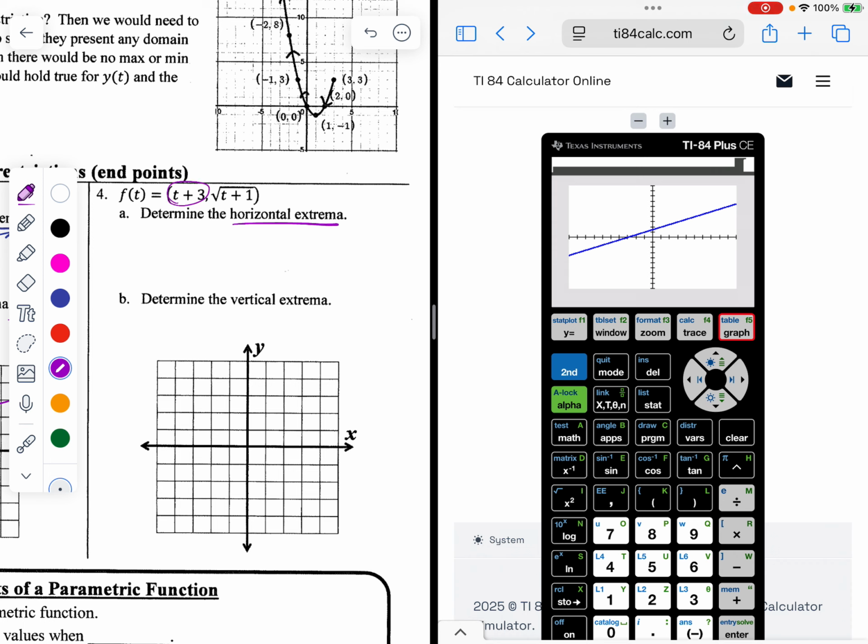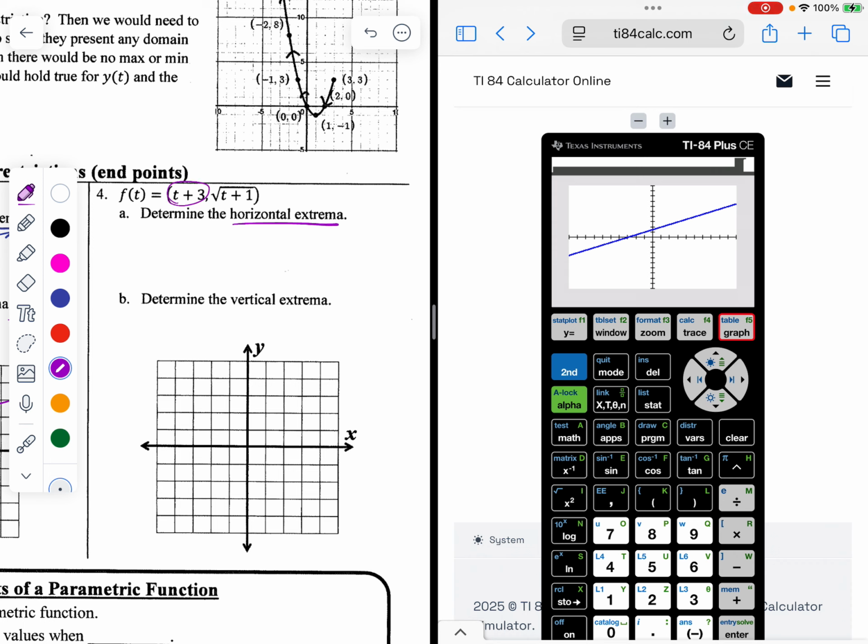Even though this t has no restriction, this t here does have a restriction because it's inside of a root. Anytime I see that, I say, wait, hold up. Whatever's inside that root, t plus 1, has to be greater than or equal to 0, which naturally solves for t is greater than or equal to -1.